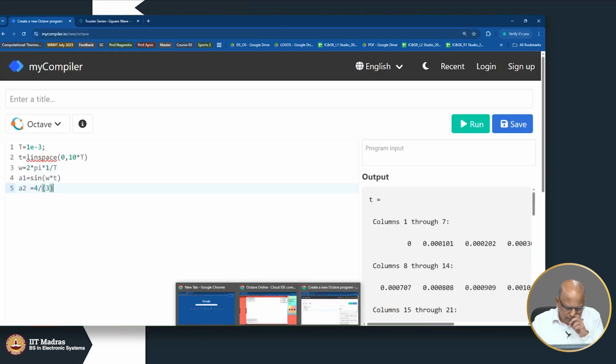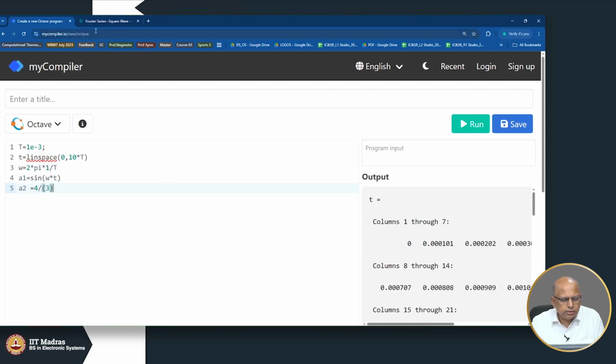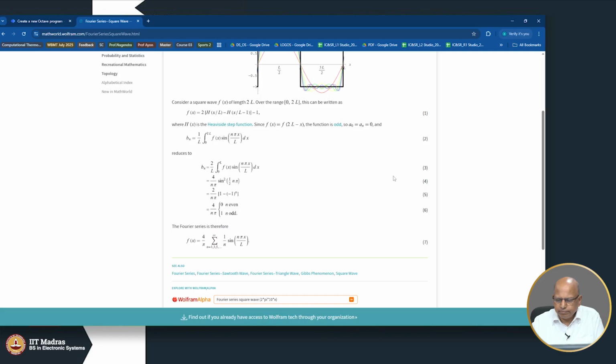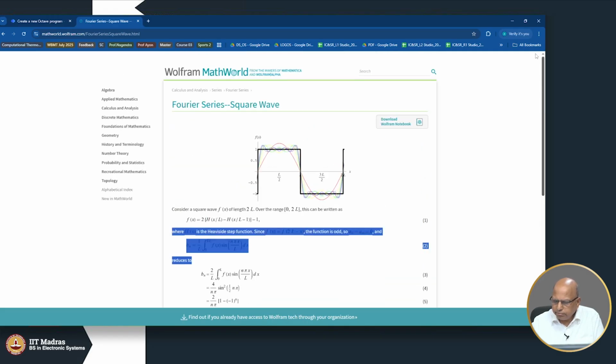So, I was telling you about Fourier transforms, right. So, let me show you. You can go to this Wolfram MathWorld and search for Fourier approximation of a square wave. So, this black waveform is a square wave.